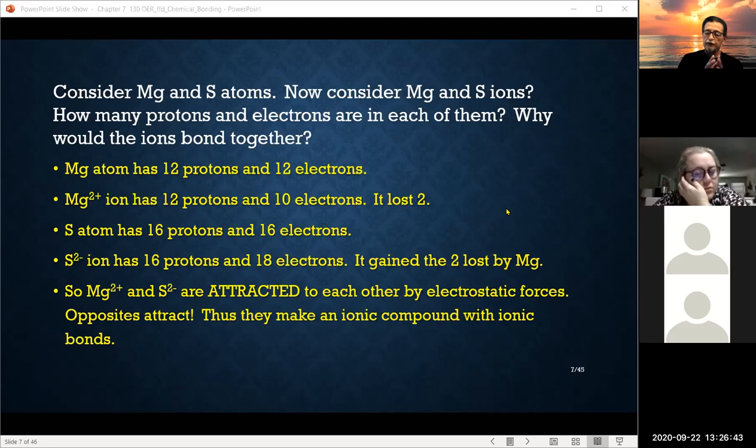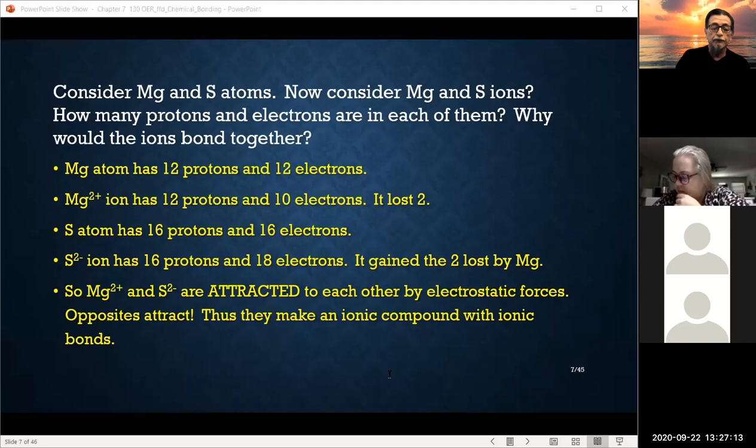And now these two can come together to form a compound, specifically an ionic compound. Ionic because we got magnesium, which is a metal, and sulfur, or in this case sulfide, which is a nonmetal. Plus, we can put them together 1 to 1 because magnesium has a +2 and the sulfide has a -2. So we can write the formula very simply.